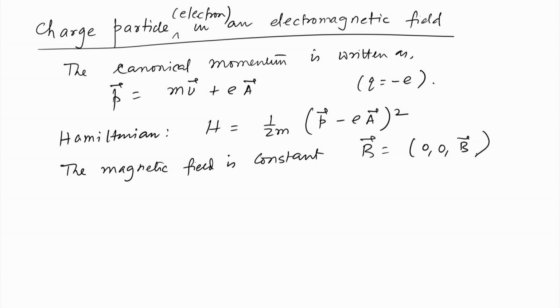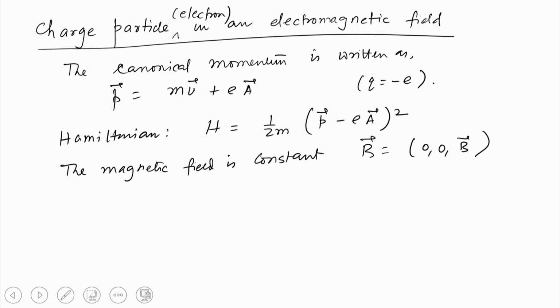So, we have a planar sample: electrons in a two dimensional plane, and a magnetic field acting perpendicular to it, which is this B. Sorry, this B is not a vector quantity, it is just a scalar, the component of B. We have taken that as B itself.